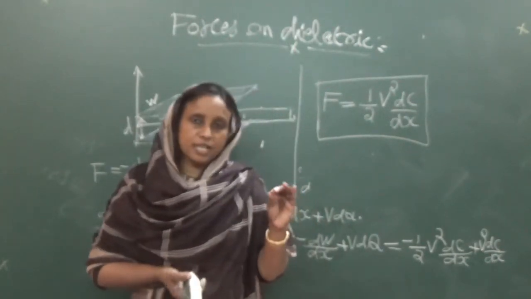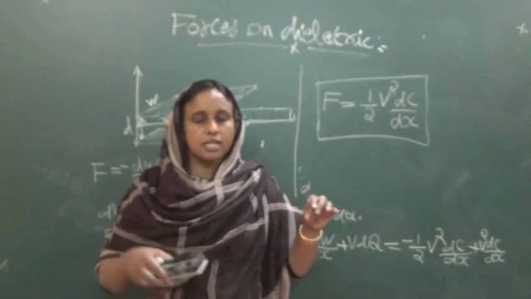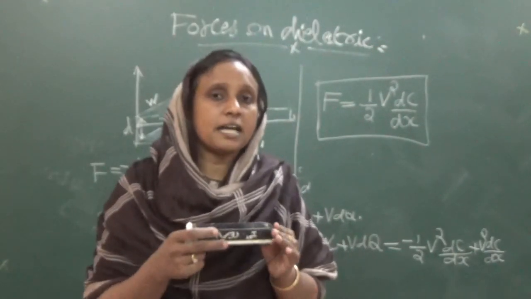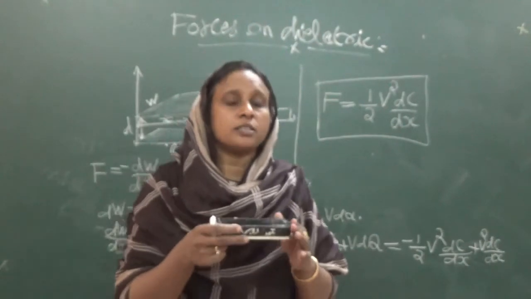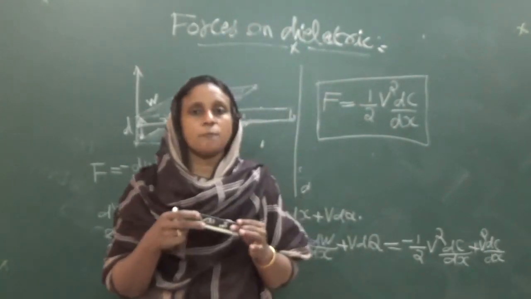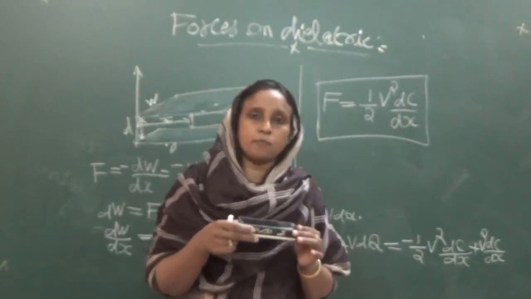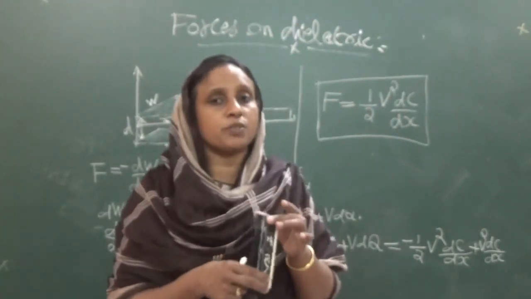For that we assume a parallel plate capacitor in which we insert a dielectric, partially filled in between the parallel plates. These parallel plates have width W, length L, and a small separation d between the plates.